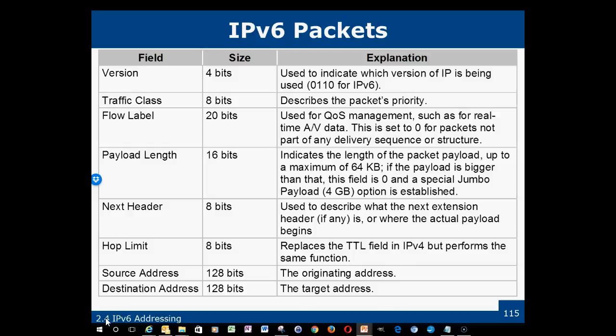If you look at the TTL in IPv4 for a Linux machine and for a Windows machine, you're going to find that they're a little bit different from one another. The source address is the originating address, the destination address is the target address, and the process of sending information from one to the other is going to be the same as we did in IPv4.